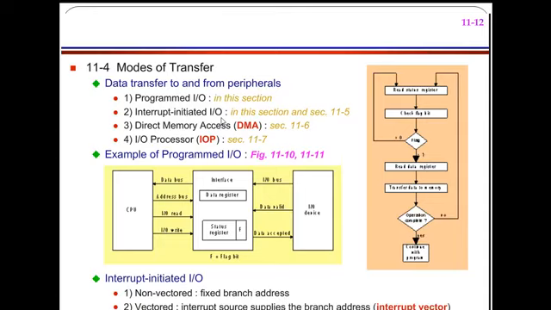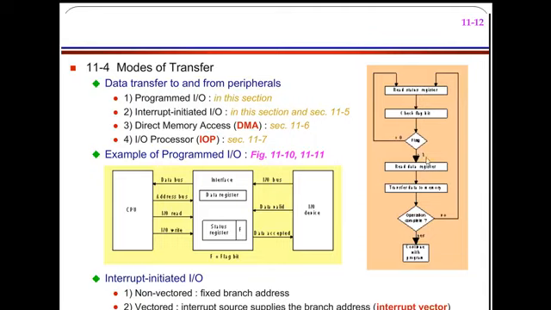Coming to the programmed IO transfer. Here is the flow chart for programmed IO transfer. In programmed IO, it will read the status register. After reading the status register, it will check the flag bit. If the flag bit is 0, it will go again and read the status register.